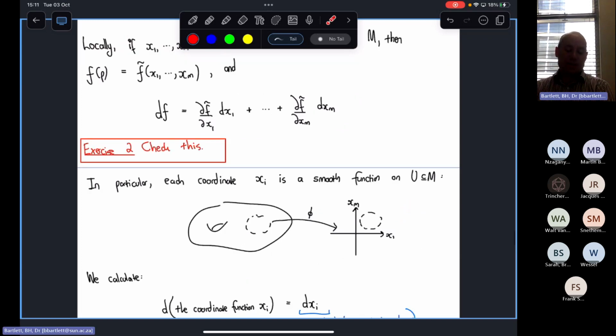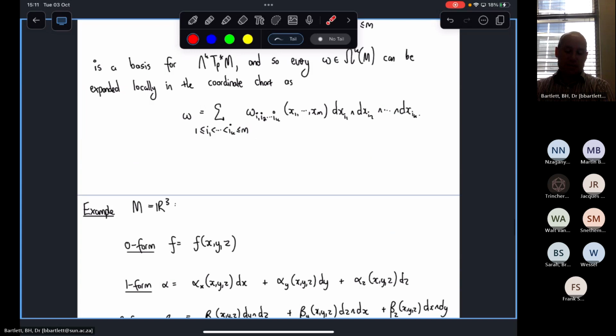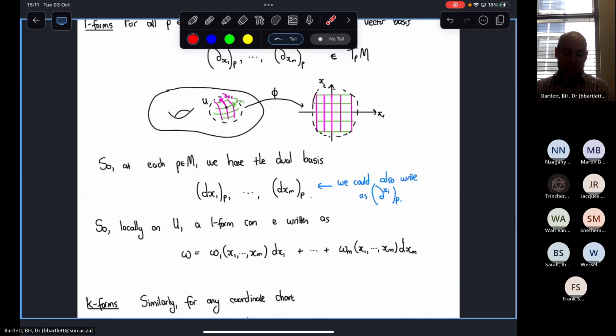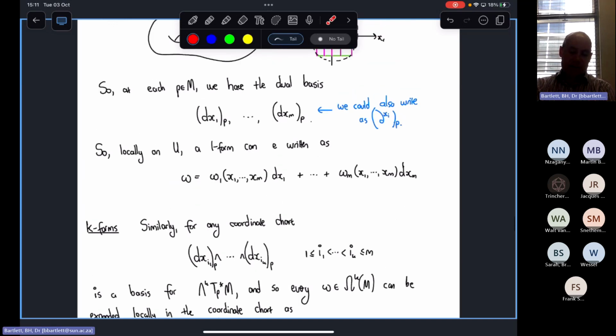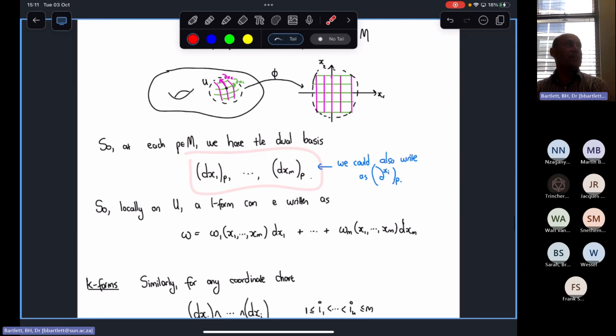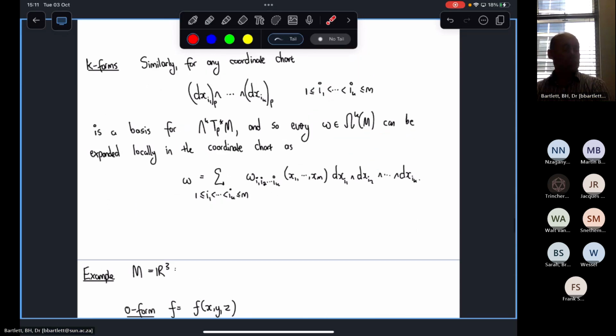So that's why I said earlier that I was going to write them like this. Now you see why I wrote it like this, because the dual basis vector is just the differentials of the coordinate functions. The dual basis vectors of the coordinate tangent vectors are the differentials of the coordinate functions.